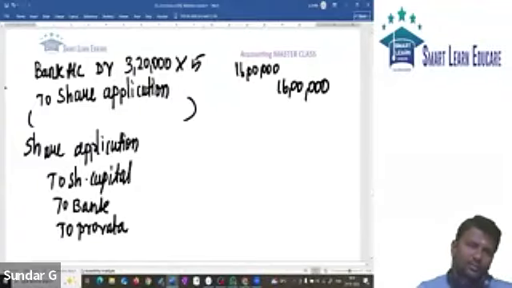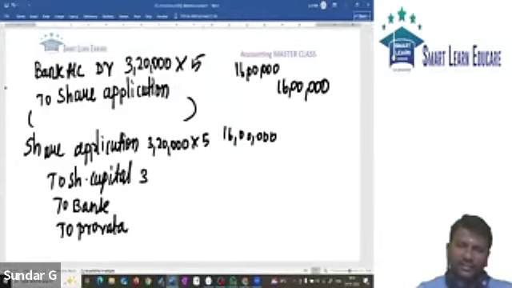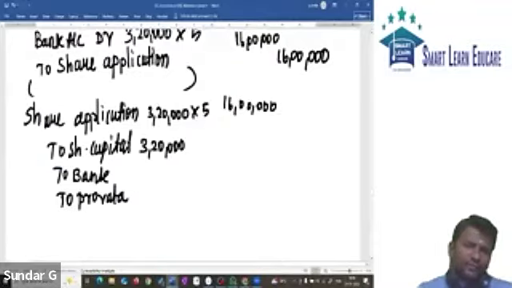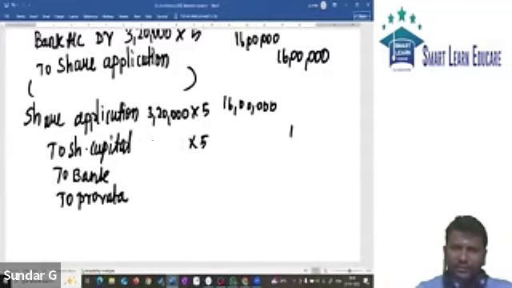How many applications? 3,20,000 at 5 rupees, which gives 16 lakh. Share capital should be credited with called up value. It is 3,50,000 into 5 because no premium is there.